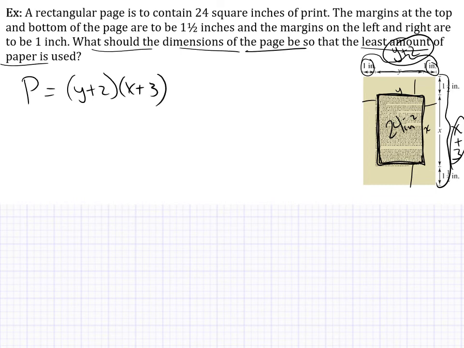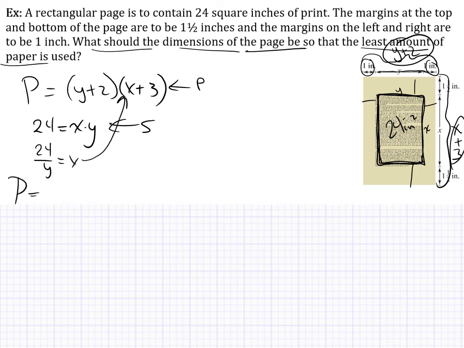But the print is 24 square inches, and that's found by doing x times y. So back to this, this is the primary equation, this is the secondary equation. We can take this and say 24 over y equals x. We can plug that in there, and we get our page dimensions to be y plus 2 times 24 over y plus 3.